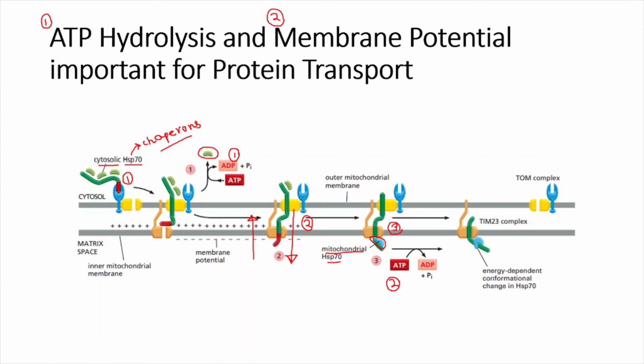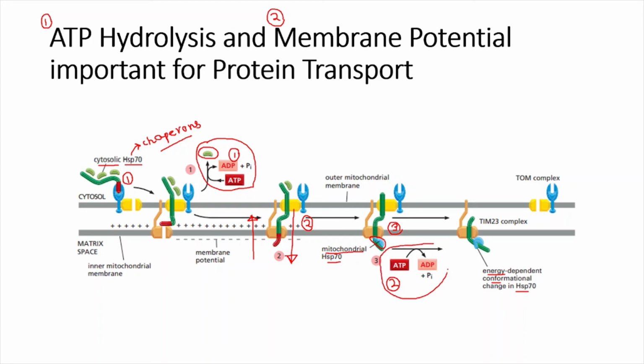And finally, it causes an energy dependent conformational change in HSP70, and finally the mitochondrial precursor protein is imported in the inner mitochondrial membrane. So two things you need to remember here. One is there are two steps where ATP is hydrolyzed. This is the first step where ATP is hydrolyzed, and this is the second step where again ATP is hydrolyzed. Why?